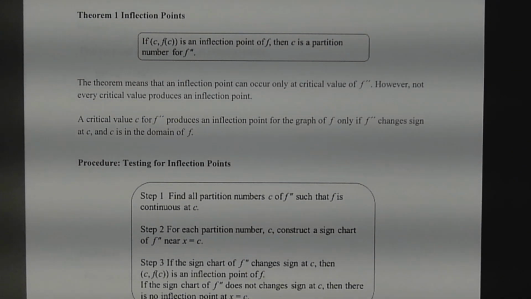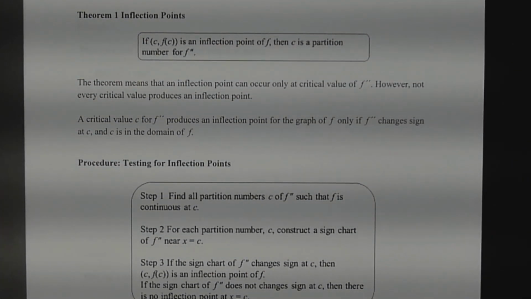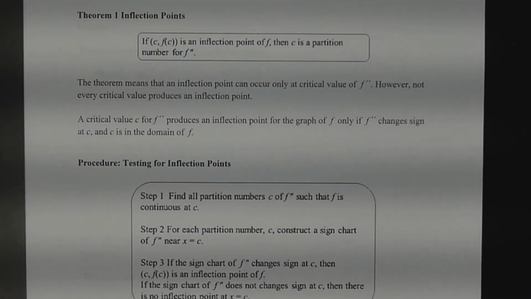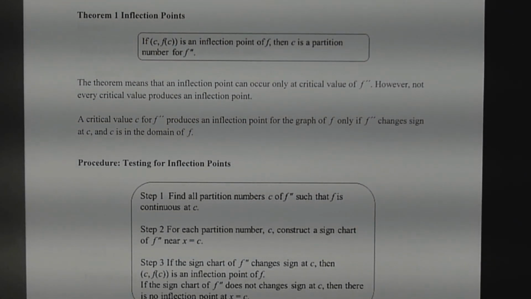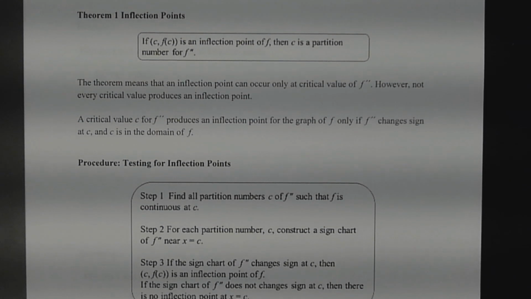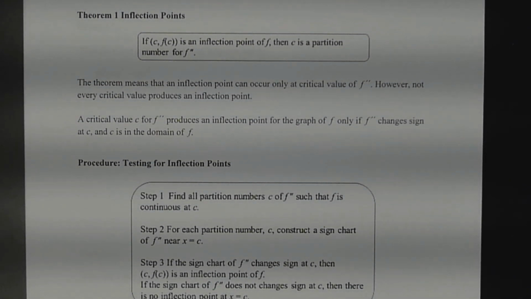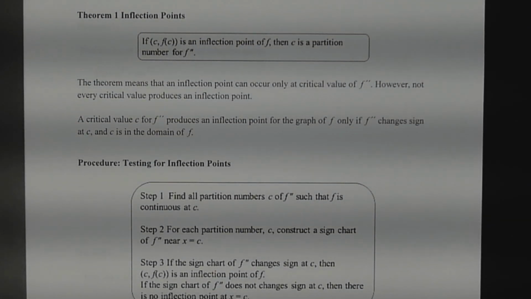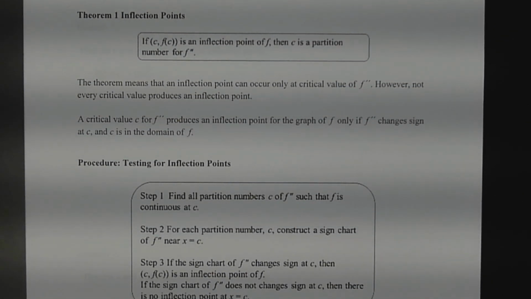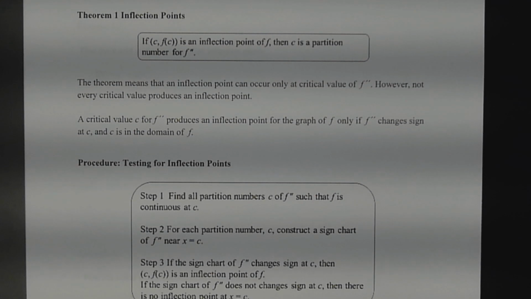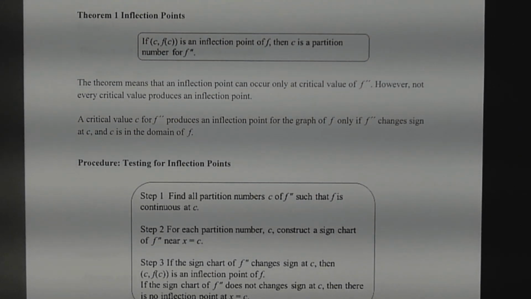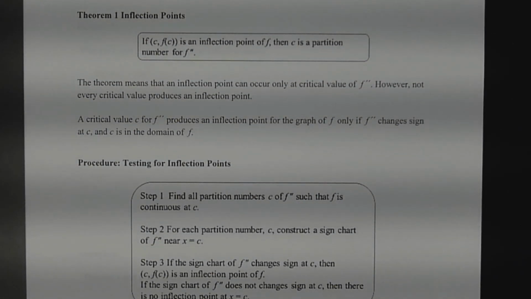However, not every critical value produces an inflection point. And of course, the critical value C for f double prime produces an inflection point for the graph of f only if f double prime changes sign at C, and C is in the domain of the function f. Okay, that's very important.